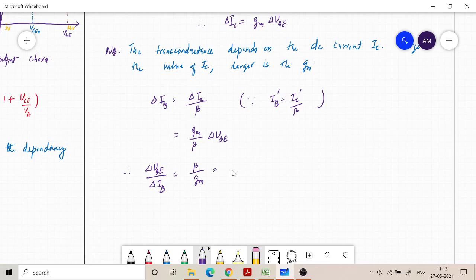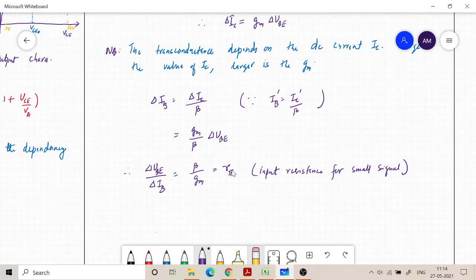Now this is a variation of input voltage divided by input current. So that is basically a resistance, right? The ratio of voltage to current, and both are from the input. So it's basically something like an input resistance. We call it r pi. So I will write it as the input resistance for small signal.